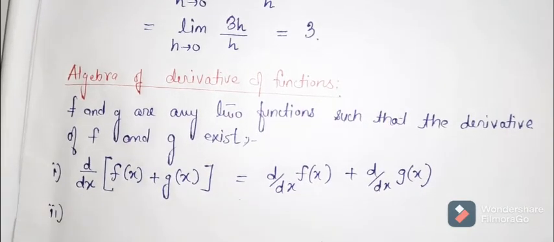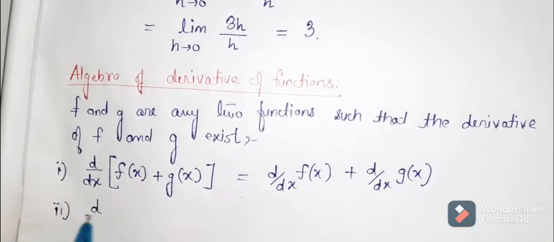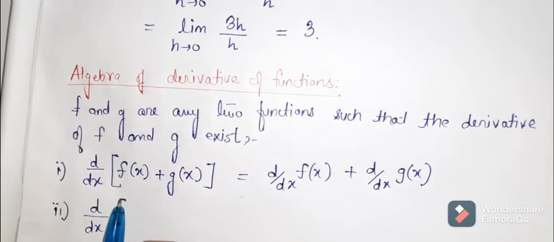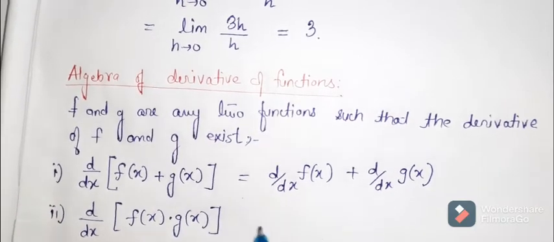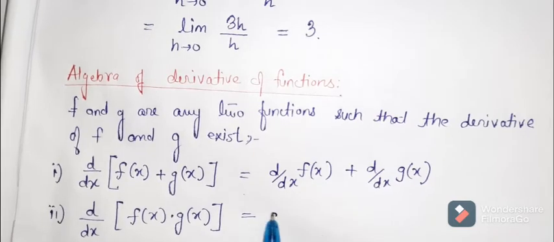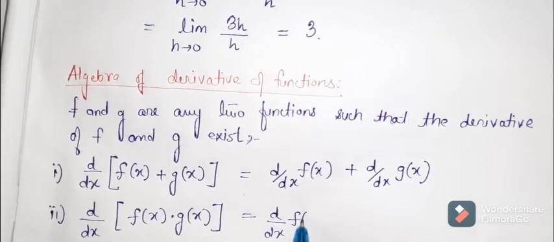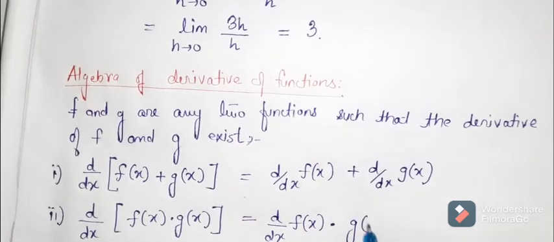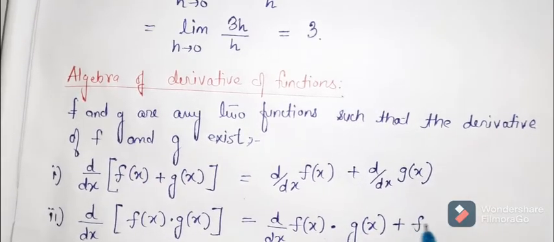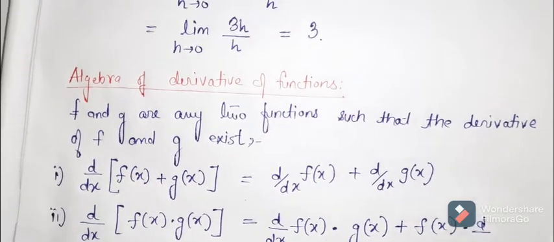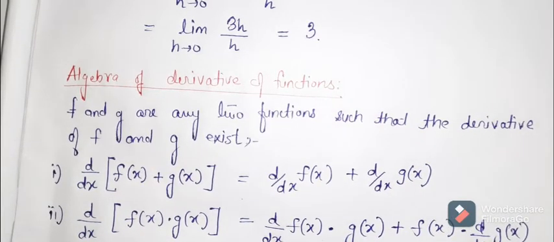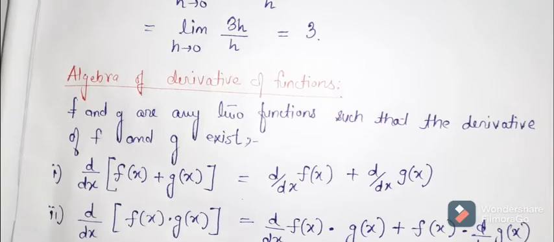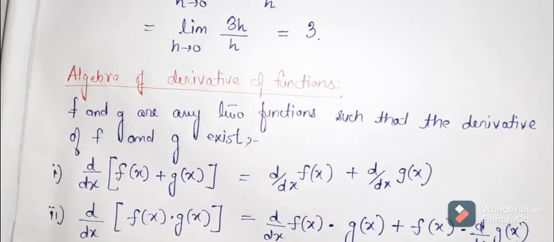Similarly for subtraction, minus will come. And for product, f of x into g x: this is d dx of f of x into g of x plus f of x into d dx of g of x. This is called the product rule.